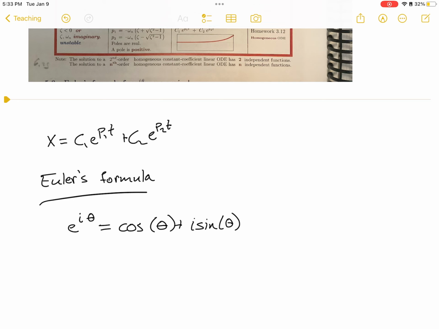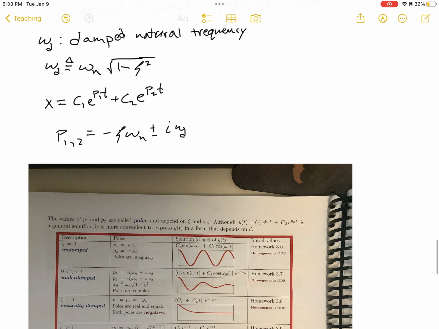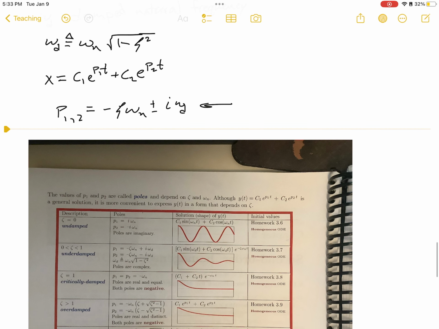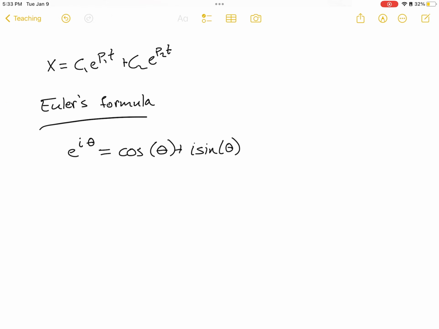This is quite important. So if P1 and P2, you can see that here there is a possibility for some imaginary component. And if there is an imaginary component, that will cause us to have sines and cosines. We can substitute e to the I theta for sines and cosines. And so we'll do a couple examples here just by exponentiation rules.